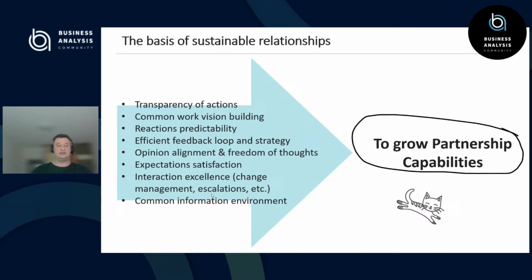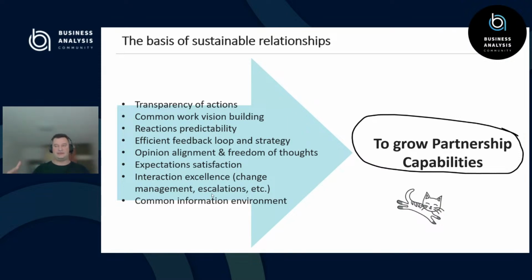So, change management, escalations, etc. This is a pretty standard point. I don't think I should comment additionally on that. Common information environment. That is also a very important point, because you shouldn't be separated from your client. Of course, we are going to build relationships and communicate and interact with our client, but we need to build a common information space.